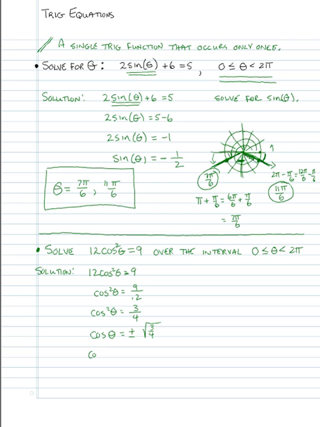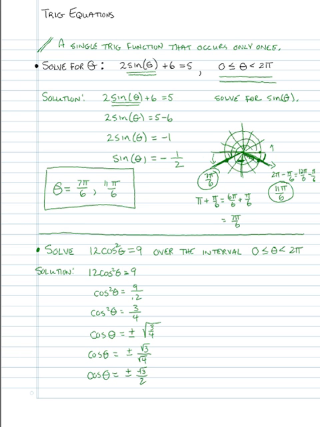The cosine of theta is plus or minus. Now, the square root of 3/4 is the same as the square root of 3 divided by the square root of 4. And the square root of 3 we can't simplify, but the square root of 4 we can. So we get cosine of theta is equal to plus or minus the square root of 3 divided by 2.